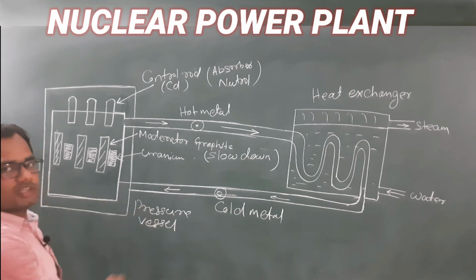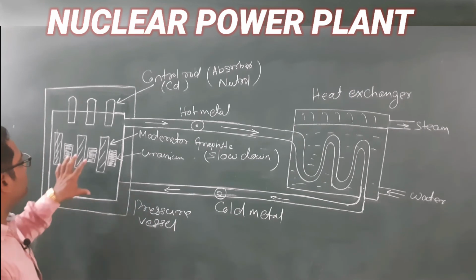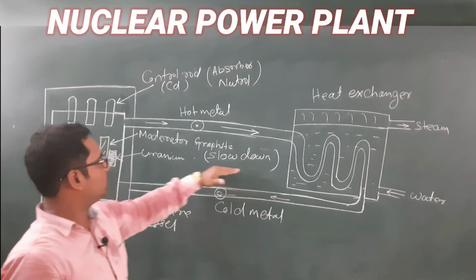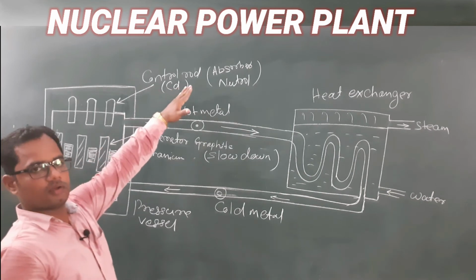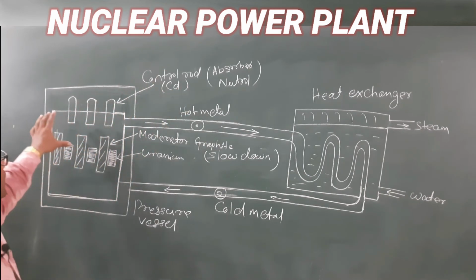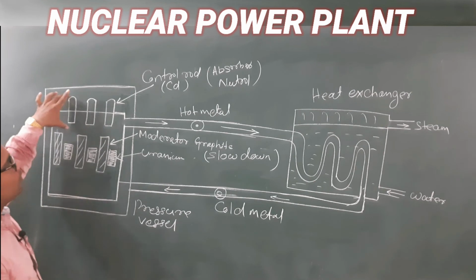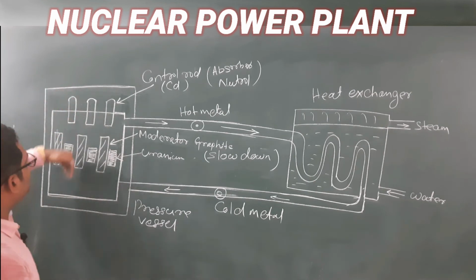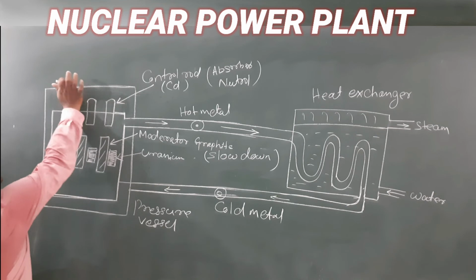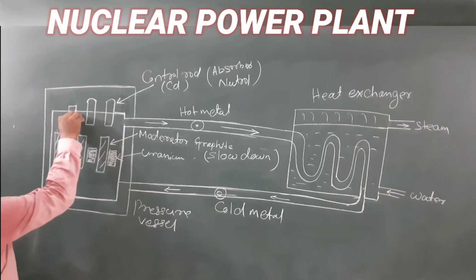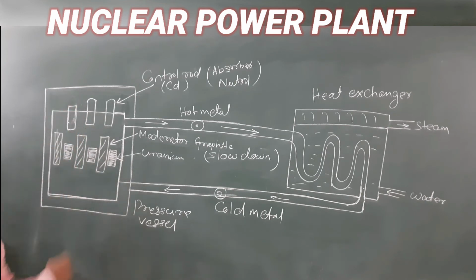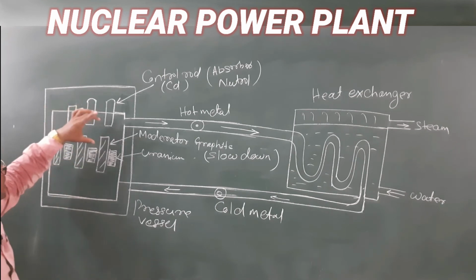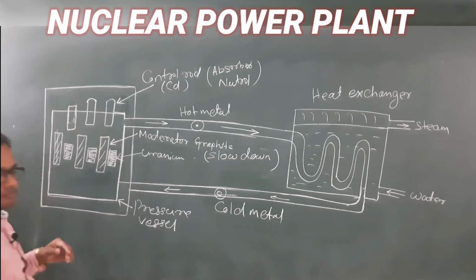So as the chain reaction is very fast, what happens? One method to slow down the reaction is the use of a moderator. Another thing is the control rod. This will control the chain reaction. Okay, so whenever you push the control rod in, the rod position will be like that. Now the position is like that, which means a greater area will be there inside that reactor, inside the pressure channel and pressure vessel.